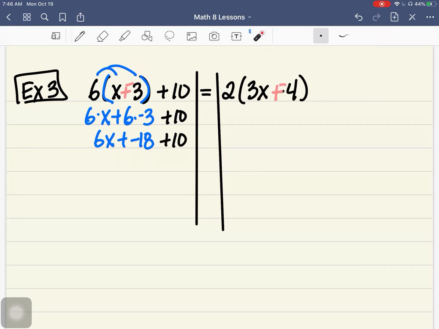We're not done yet. I see this negative 18 and this plus 10. Those can be combined, and that makes negative 8. So this side on the left is 6x plus negative 8, and now that's simplified.